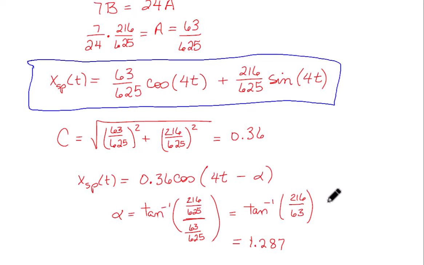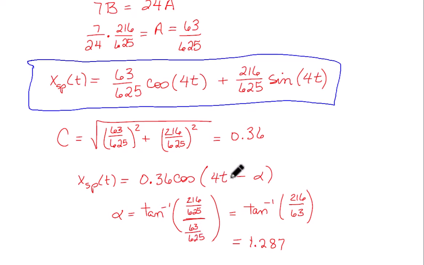So how do you do that? Well, the new amplitude is the square root of the sum of the squares for each of those parts, and I got 0.36. The phase shift here is an inverse tangent of the sine part, this part here on the top, divided by the bottom.